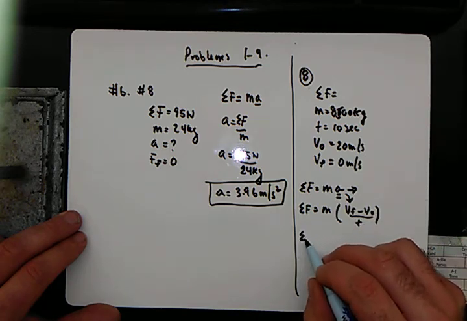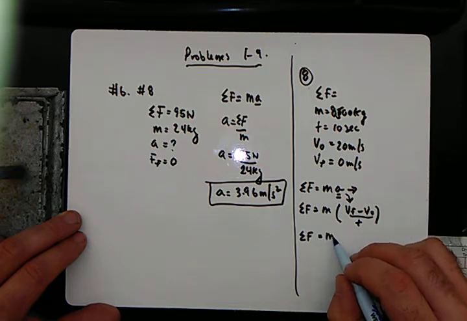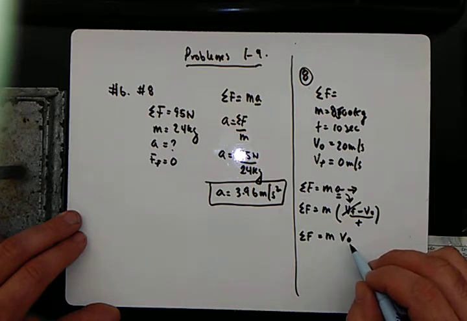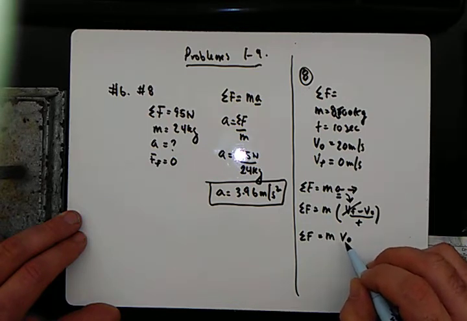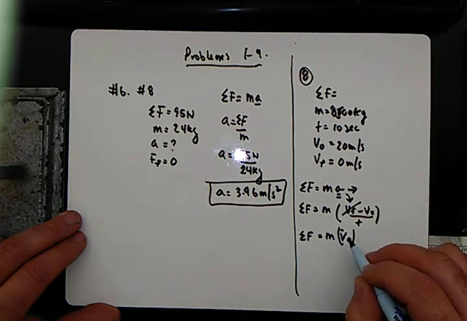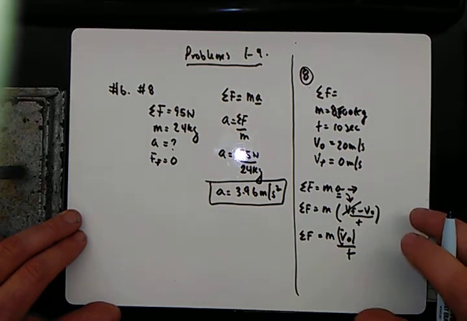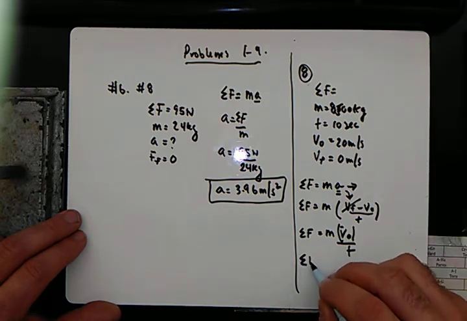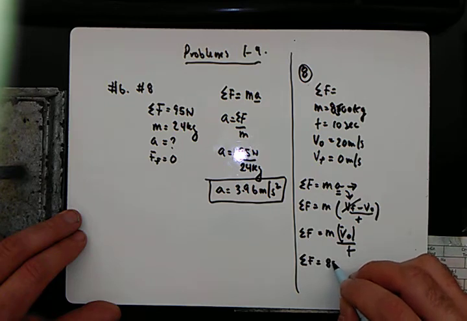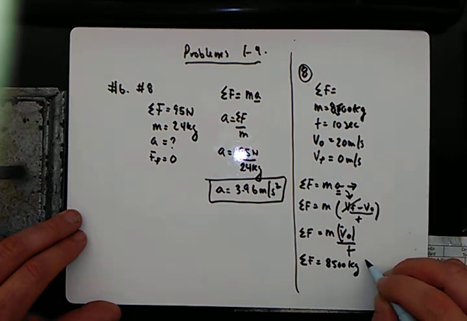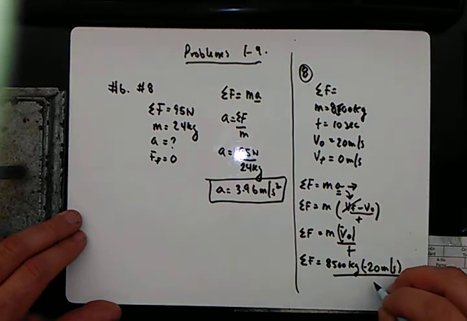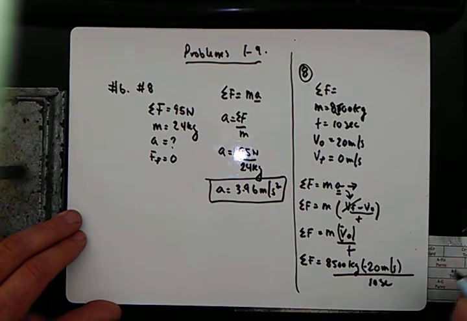So here we go. Mass, okay, so we've got mass times the negative of the initial velocity over time, 8,500 kilograms multiplied by a negative of 20 meters per second, all over a time of 10 seconds.